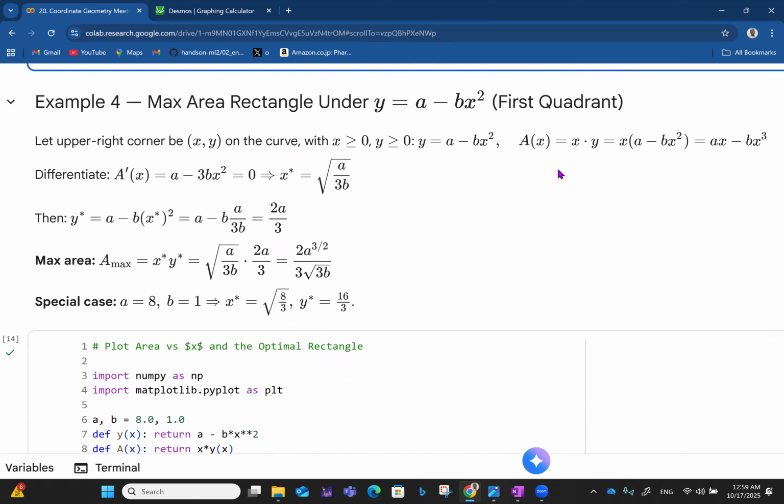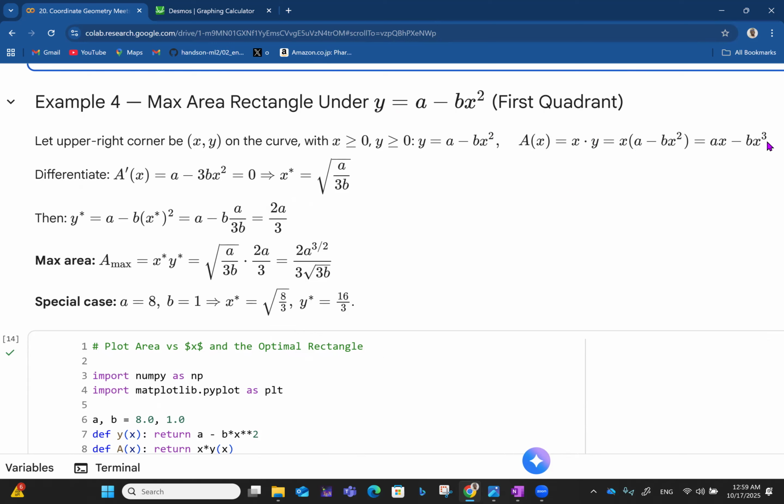So in that case, we know that A of x would be x times y, which is x into a minus bx squared, because this is y, right? Because we're looking for the maximum area of a rectangle under y equals a minus bx squared, and the area of a rectangle is just length times breadth. If we had specific numbers, maybe I would have visualized this, but it's okay. So we have x into a minus bx squared.